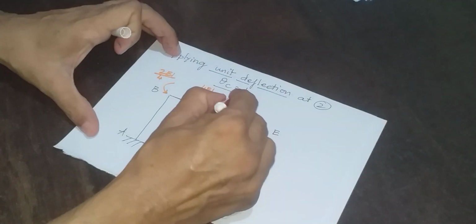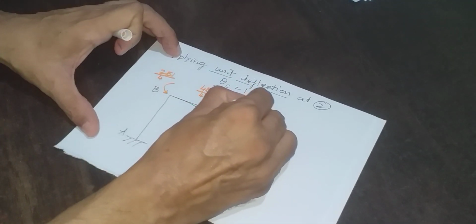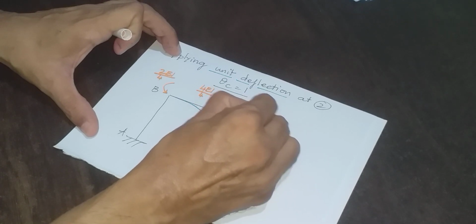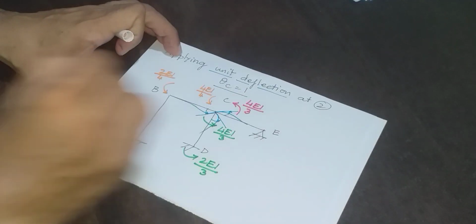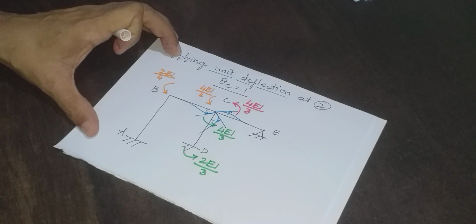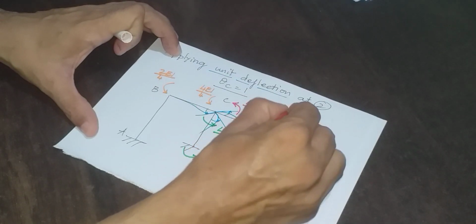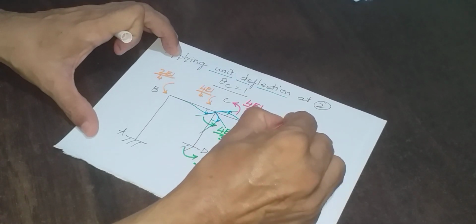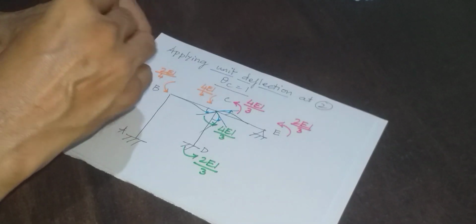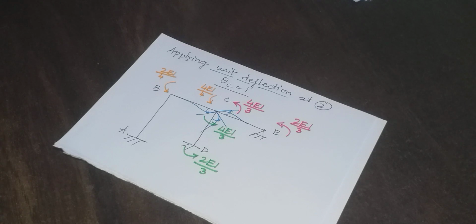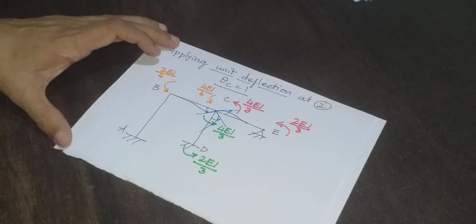Now for the portion CE, again it is 4 EI, EI is constant, and length of CE is 3. So for the portion CE it is 4 EI by 3 at C, and at E it is 2 EI by 3. This is the effect of the unit deflection at coordinate 2, theta c.